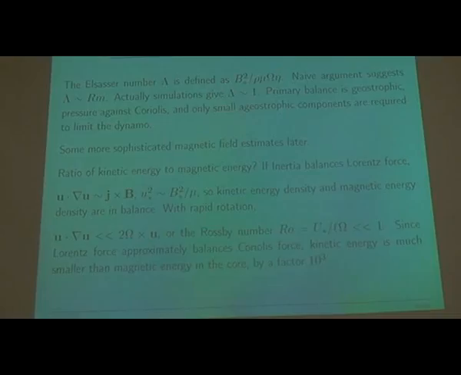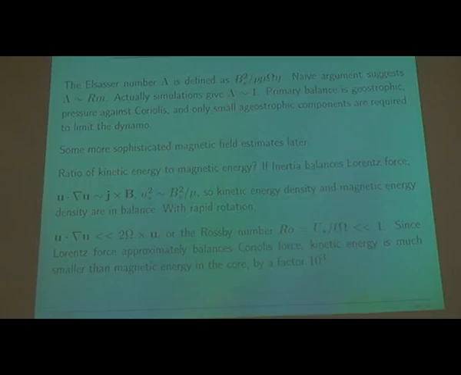So another way of writing that is to say that the Elsasser number, capital lambda, is roughly order 1, and that seems to be what actually happens in the Earth. So naive arguments give it to be that, but actual simulations give it to be that, and we'll see later on why that difference arises. The primary balance is geostrophic, Coriolis against pressure.